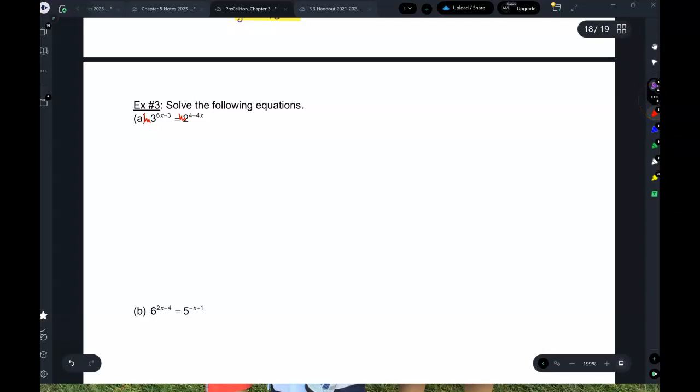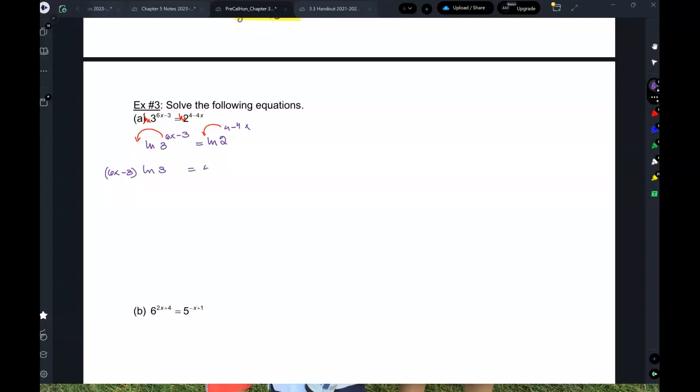So now I have ln of 3 to the 6x minus 3 equals ln of 2 to the 4 minus 2x. Now, property of logarithms, exponents always move down, right? So this is going to be 6x minus 3, in parentheses, of course, ln of 3, equals 4 minus 4x, in parentheses, ln of 2.